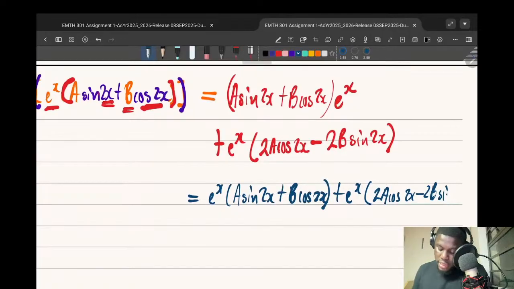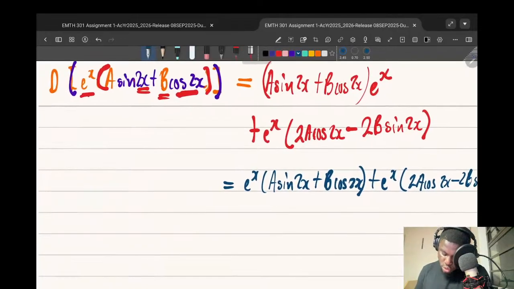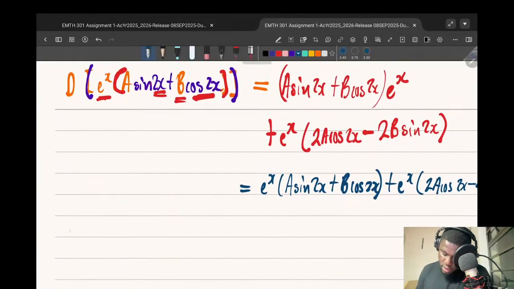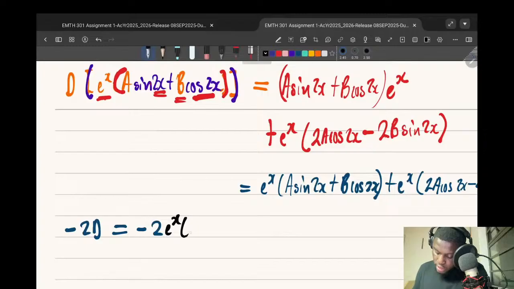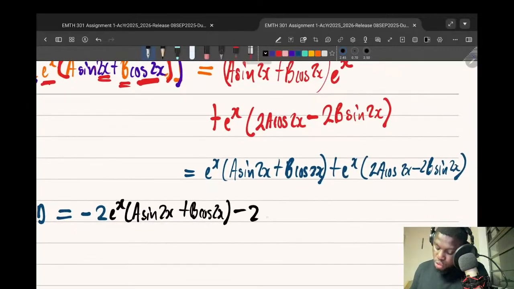If we are going to say what is negative 2d, negative 2d will be just equal to negative 2 by everything. Okay, so it'll be negative 2e to the x, and then in brackets you have a sine 2x plus b cos 2x. Then you're going to have again here negative 2e to the x, then it will be 2a cos 2x minus 2b sine 2x.